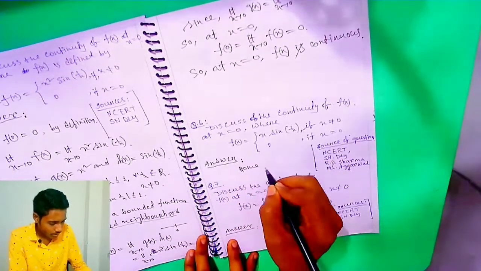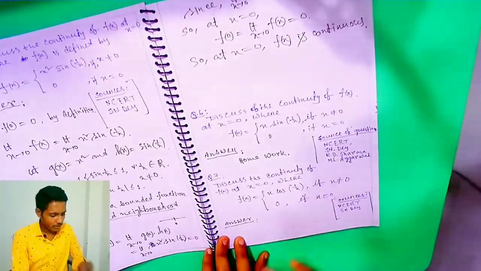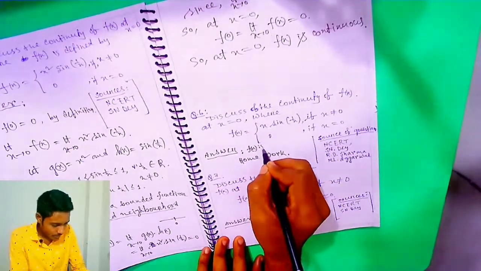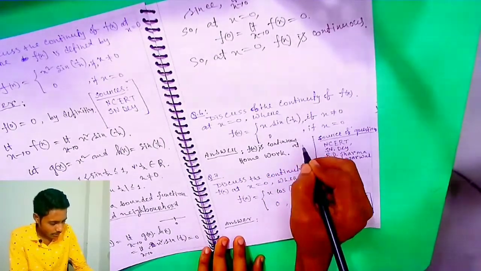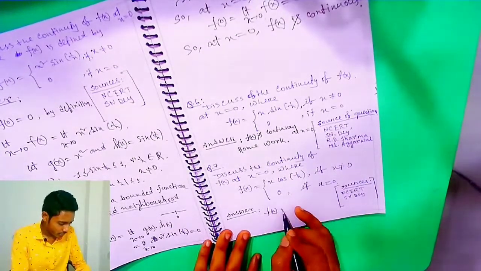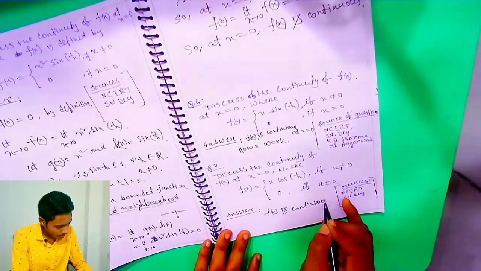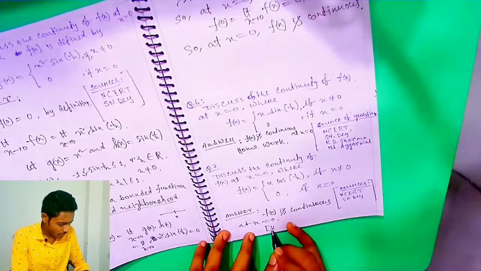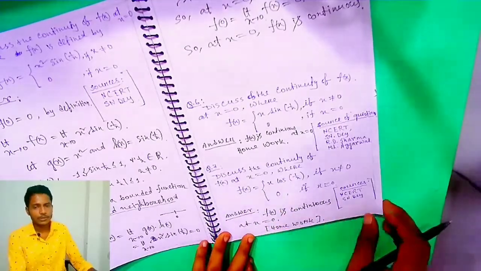Solve this question and f(x) will be continuous at x is equal to 0. Similarly here f(x) is continuous at x is equal to 0. This is your homework. Solve this using the same logic.